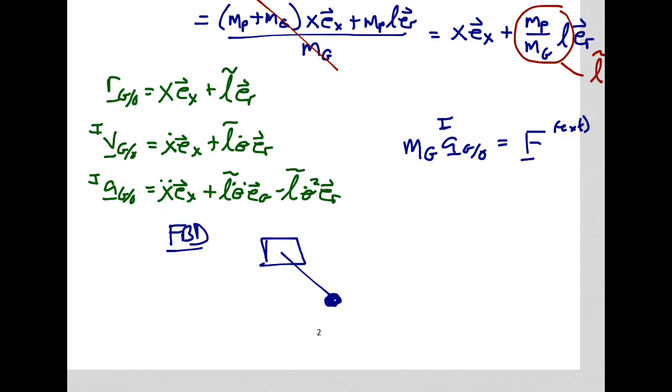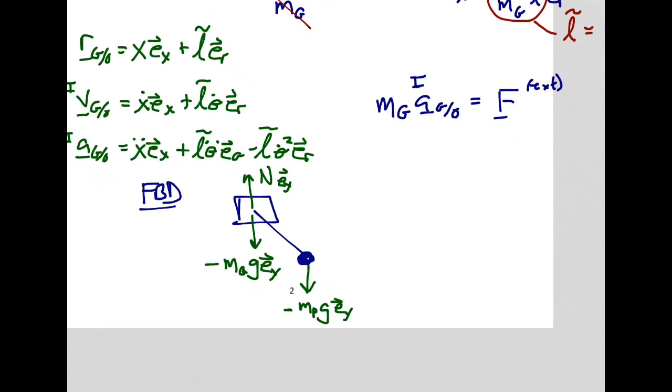And the forces that are applied to this system are going to be the force due to gravity, so it's MQ multiplied times gravity, and that's in the negative EY direction. And then we have a normal force that's applied to the system in the EY direction. And then we have MP times gravity in the negative EY direction. And so we only have three external forces.